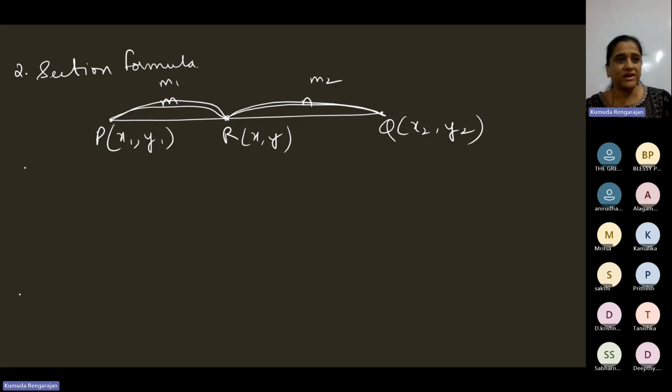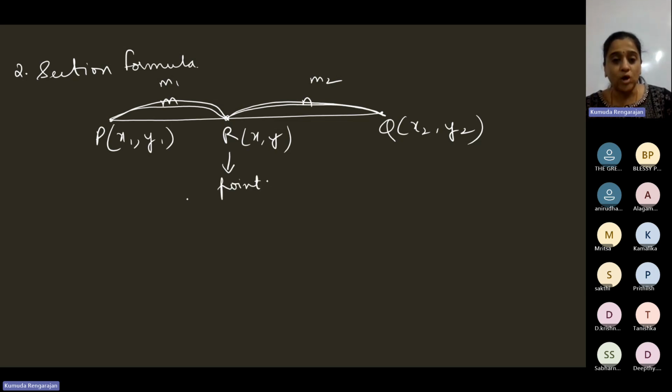I'll just write this. It's just for us to understand; it's not in the books like that, direct application. This formula is designed to find the coordinates of R, that is, the coordinates of the point of division.